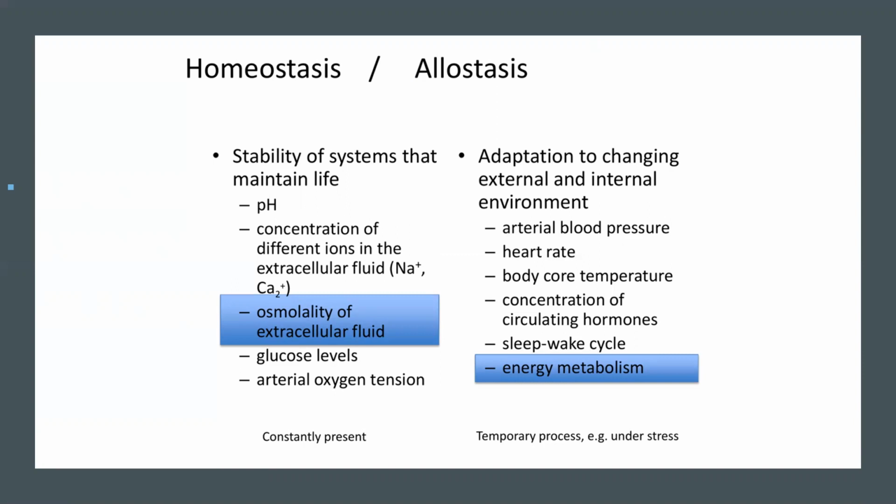We're going to talk about patients that have high glucose levels and low glucose levels in this course. When we go into aspects of diabetes, that will mostly be second semester. And of course, arterial oxygen tension. We need to know how much arterial oxygen we're carrying in our body because that's going to tell us a lot about client outcomes.